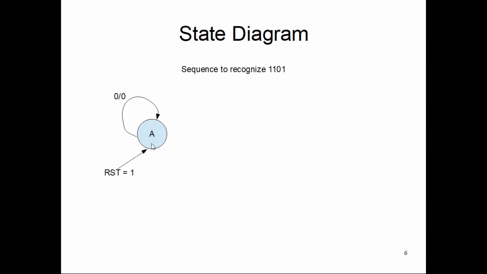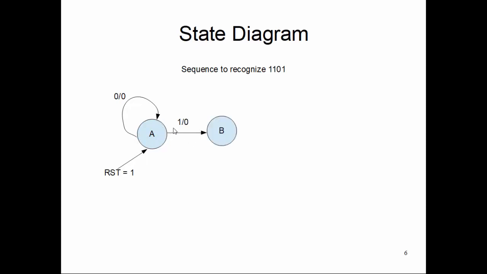So what this diagram is telling us so far: upon reset, the machine enters state A, wherever it is. Secondly, on state A, if my input is 0, my output will be 0, and the machine will remain at state A. Next, follow through this arrow.